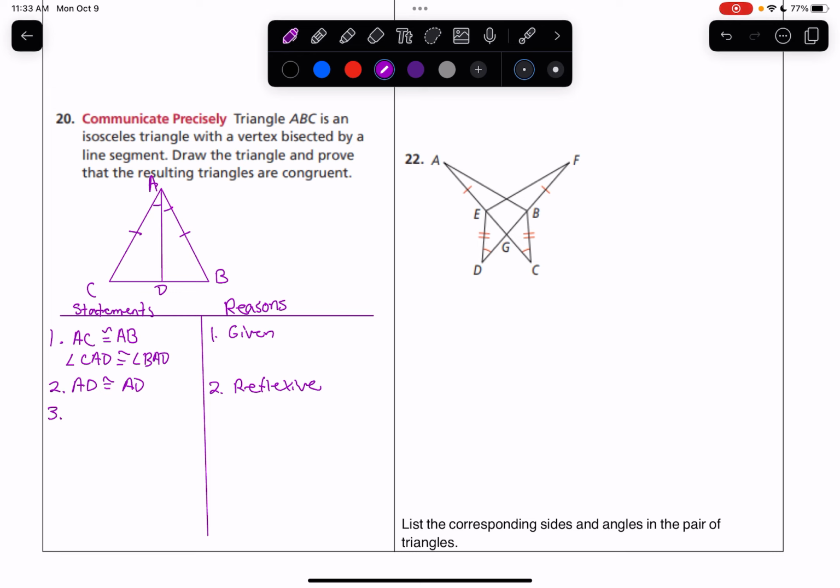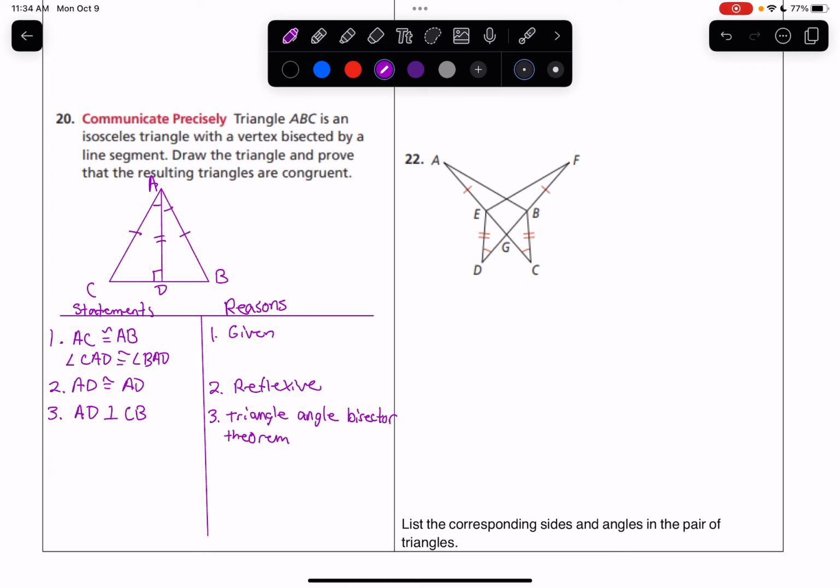Step 3 then, once I find that out, I had an angle bisector theorem at the beginning of this chapter that says if the vertex angle is bisected, then that makes the resulting line the perpendicular bisector of the triangle. So I know that AD is perpendicular to CB, and I know that because of the triangle angle bisector theorem.